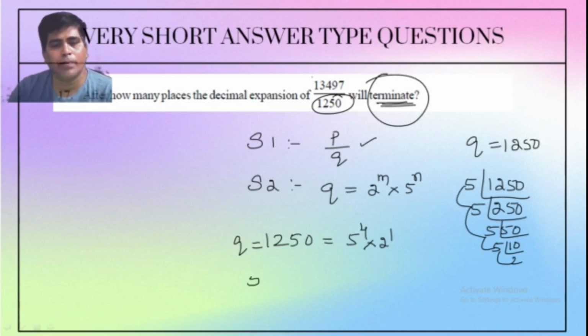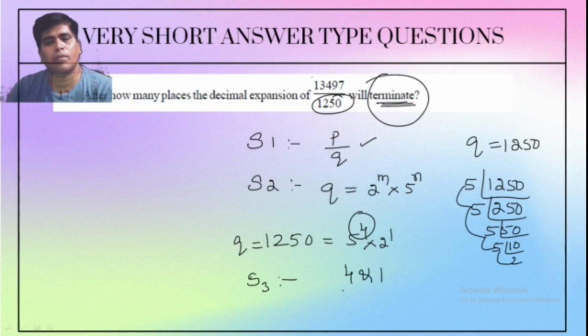Then what is the last step? How to decide after how many decimals it terminates? It is based on which is the greater power, the power of 5 or the power of 2. The greater power will give the answer. So here we have 4 and 1 as the powers.